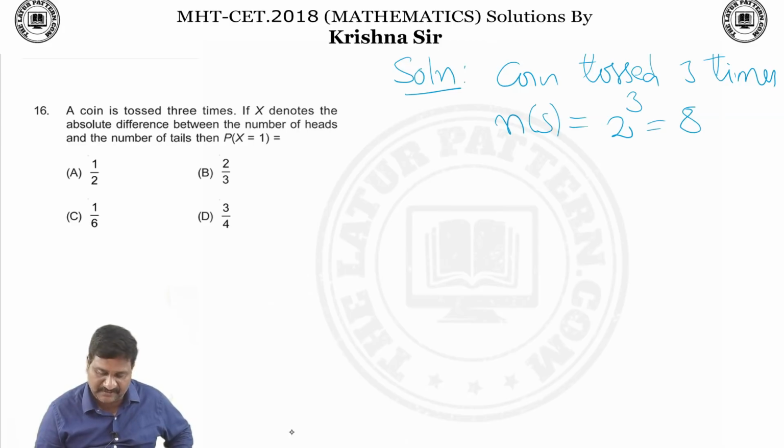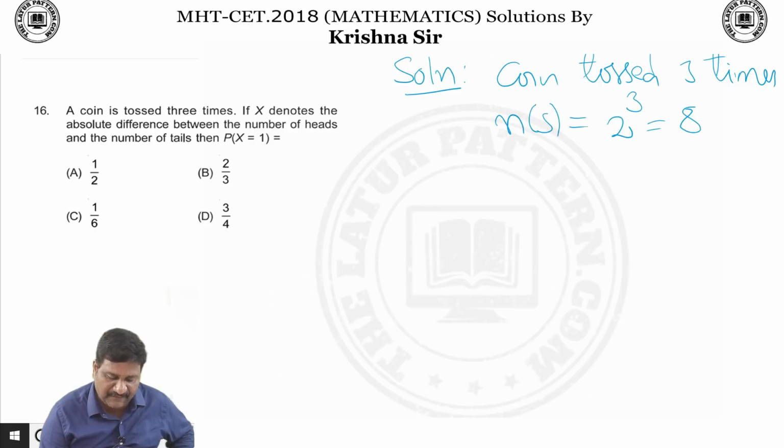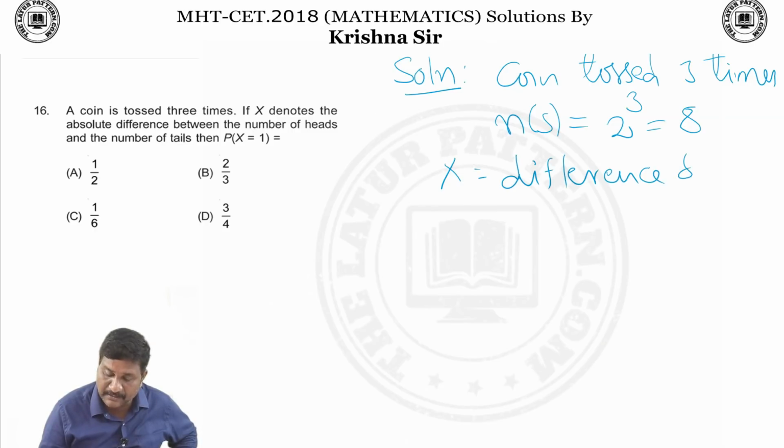And for n of E, we want to find the difference between the number of heads and the number of tails, where capital X is the difference between heads and tails.